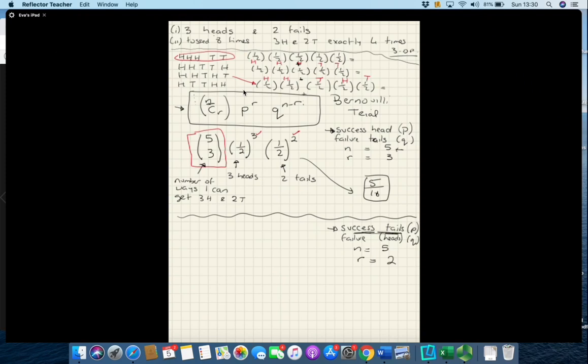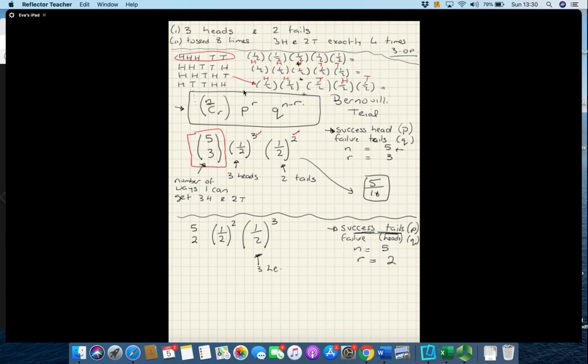So to set up my Bernoulli trial then, out of the 5 events, I would like 2 successes. So I want 2 tails. And this is only because you have chosen tails to be your success. My probability of success, probability of tails is 1/2, and I'd like 2 of them. My probability of heads is also 1/2, and I would like 3 of them.